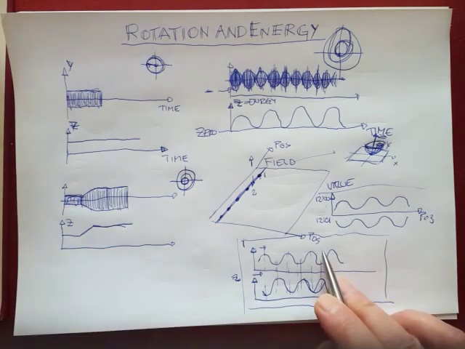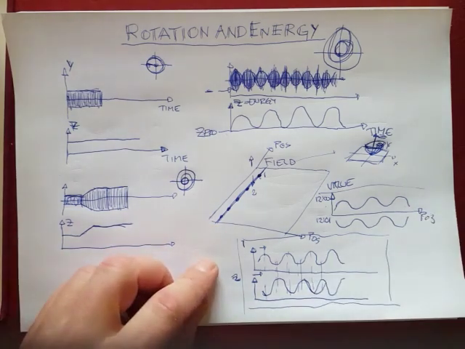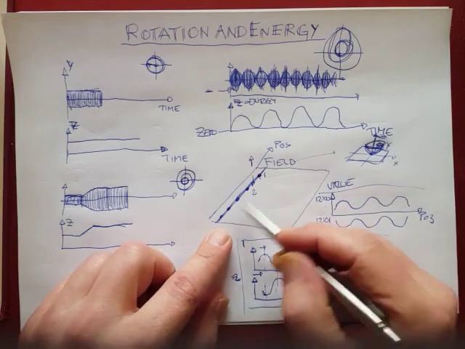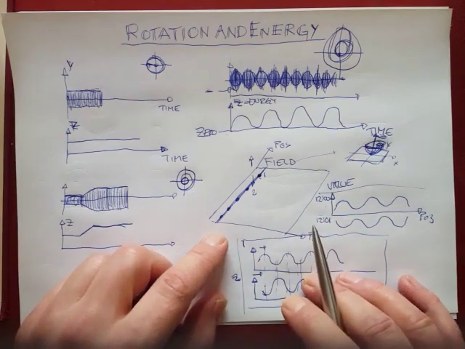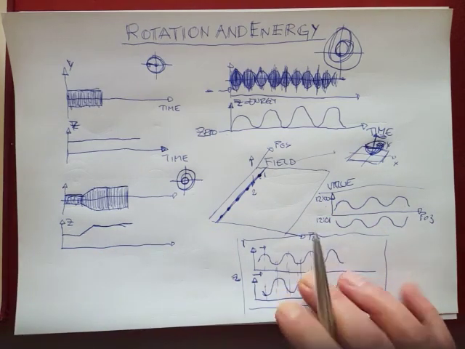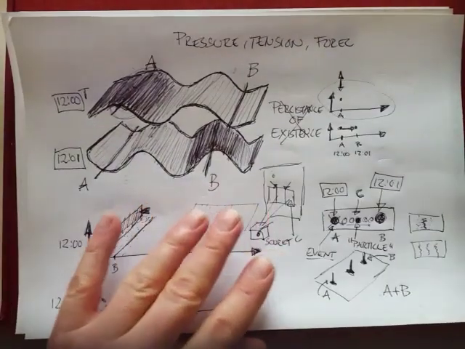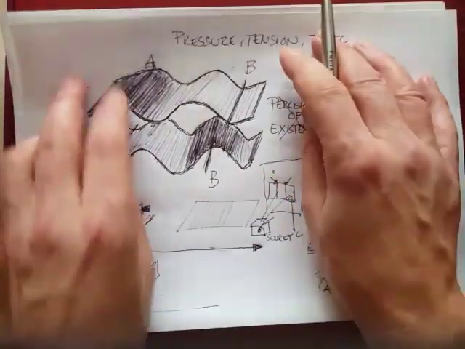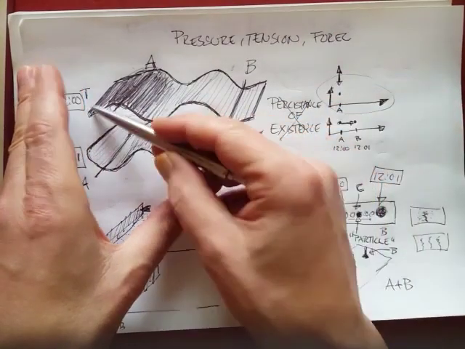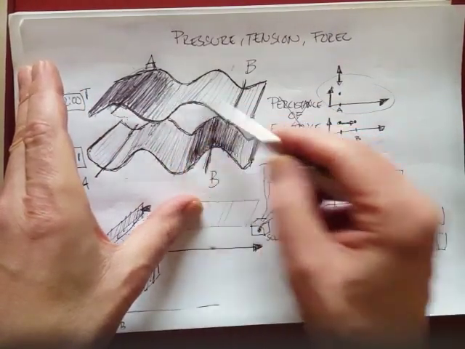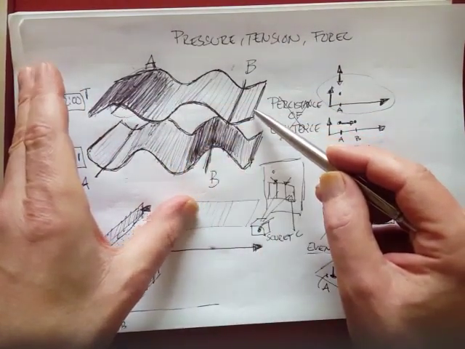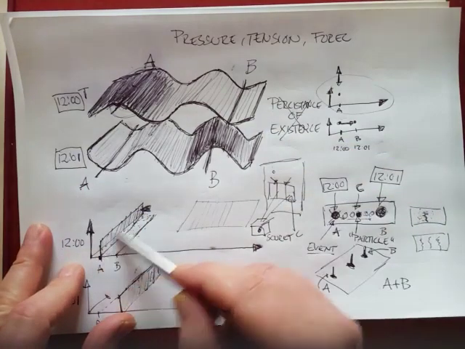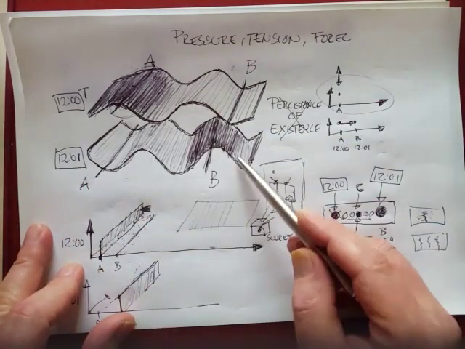So you have a wave that goes up and down all the time. And if we go back to my previous video, this can be interpreted as a wave in the field. All these things.